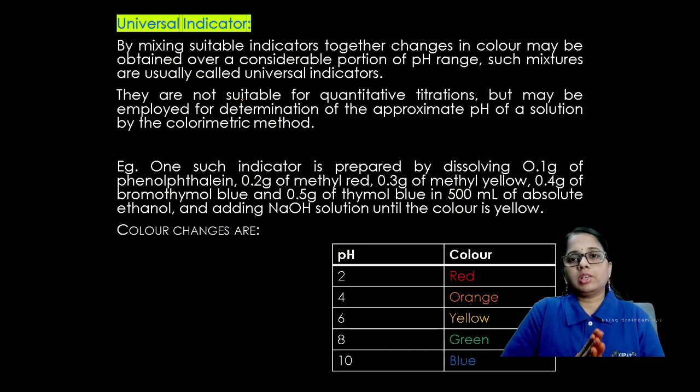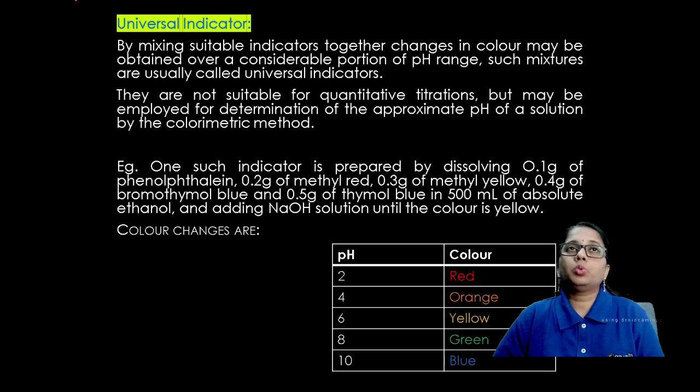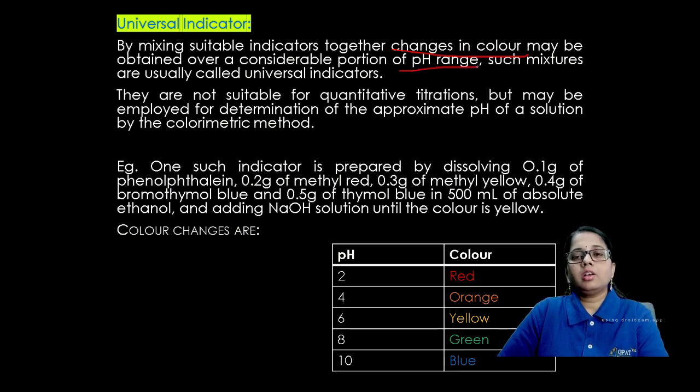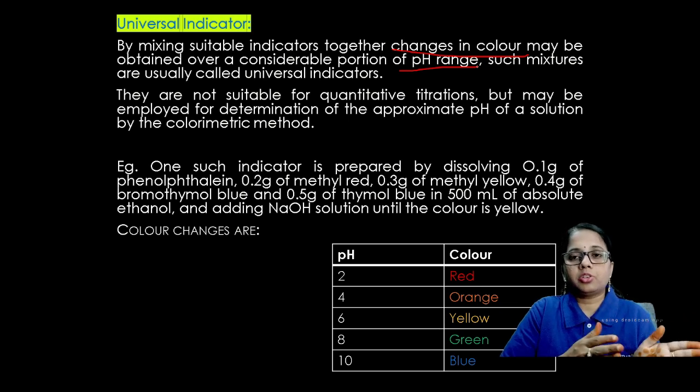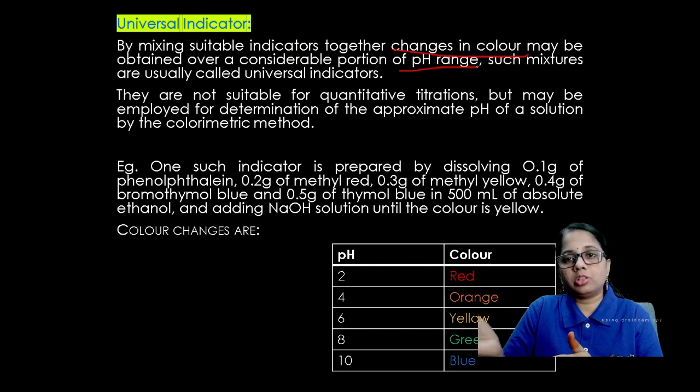So what is a universal indicator? By mixing suitable indicators together, different types of indicators together, changes in the color may be obtained over a considerable portion of the pH range. Whenever solutions have different acidic pHs and you are going to titrate them, the pH range is suddenly going to be different.